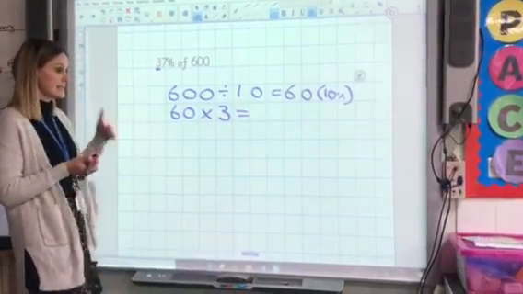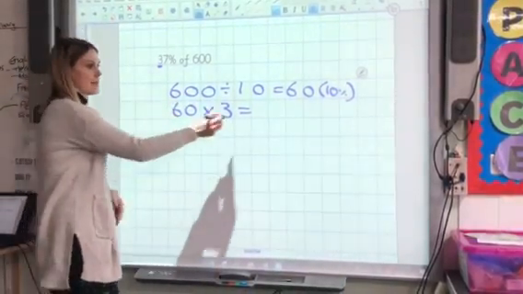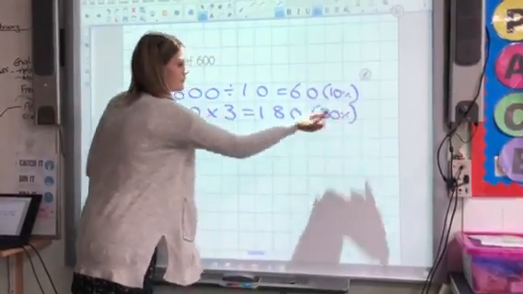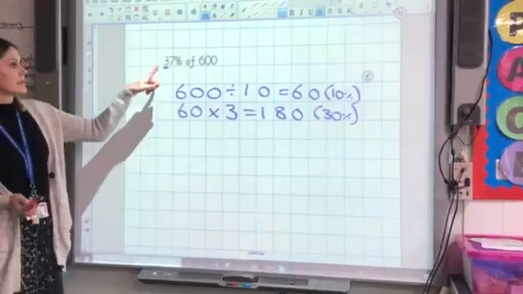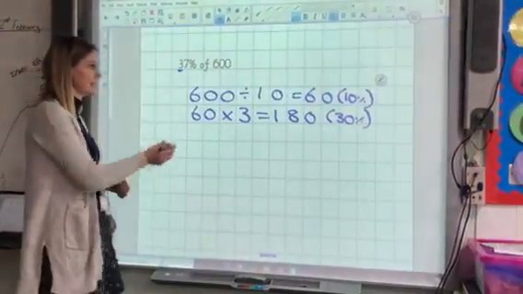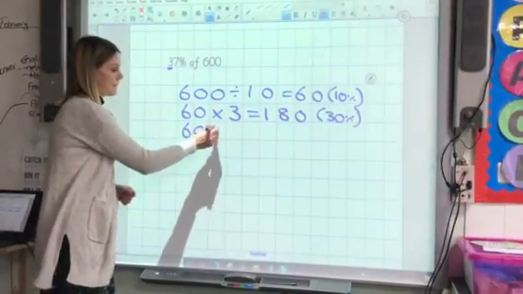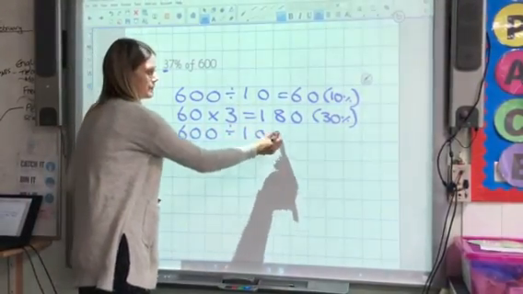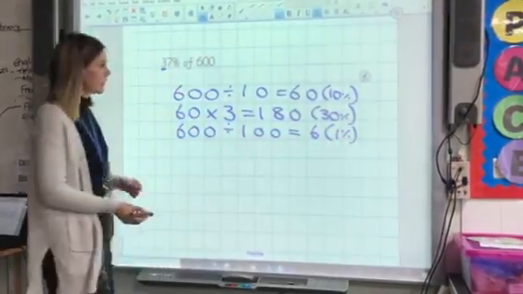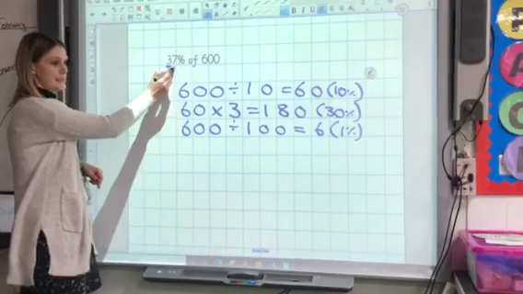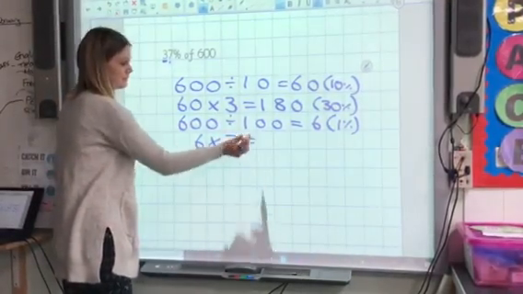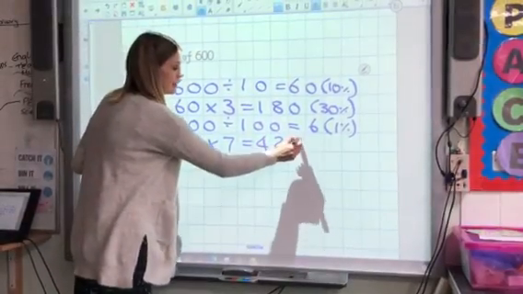So I count in my 6's, well 6, 12, 18, make it 10 times bigger, it's 180, and that is 30%. I now need to think, right, I've got to find 7% now, so I can use what I know of finding a percentage. So 600 divided by 100 equals 6, and that gives me 1%. Well, I need to know what 7% is. So I take my 6 and I multiply it by 7, and my answer of 42 is 7%.